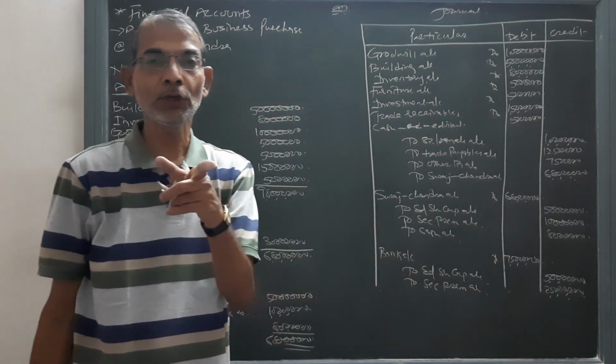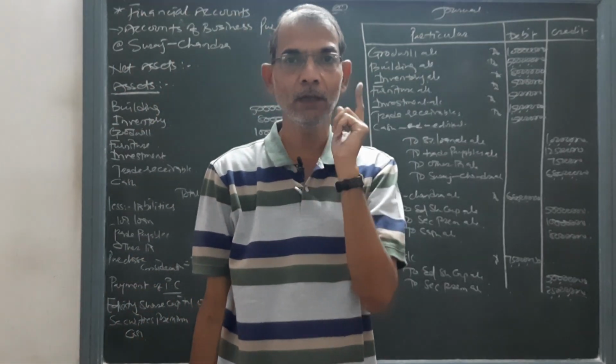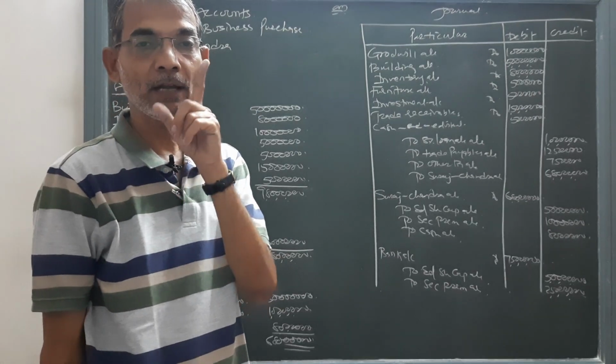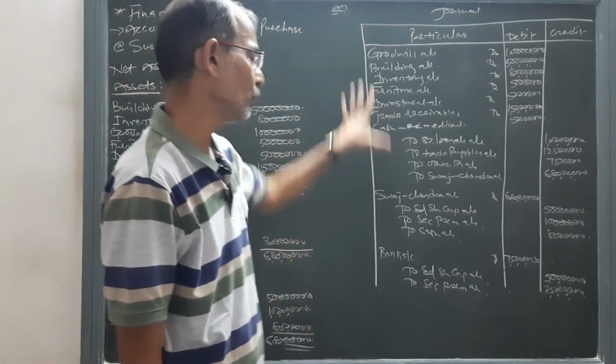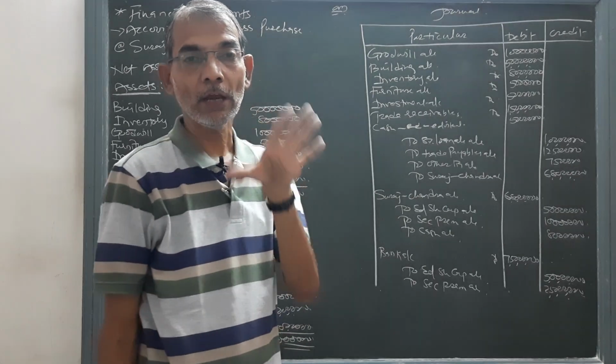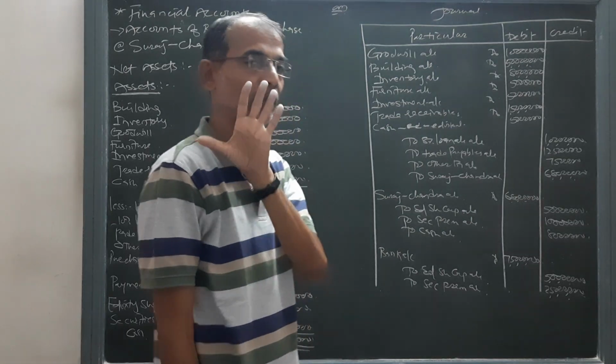On 5 lakh equity shares at 100 rupees capital will be credited, with 50 rupees securities premium will be credited. Now you see, I haven't written narration. If a narration is demanded, you will have to write.